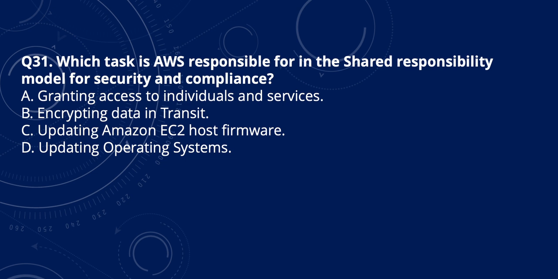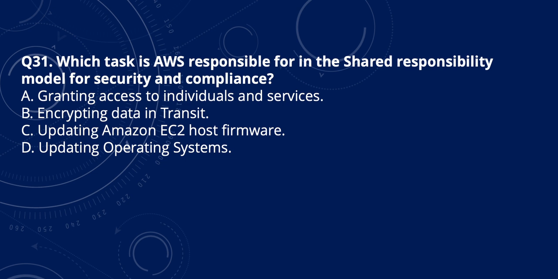Next, which task is AWS responsible for in the shared responsibility model for security and compliance? So we need to find out the AWS responsibility in the shared responsibility model. So we have option A, granting access to individuals and services. Option B, encrypting data in transit.